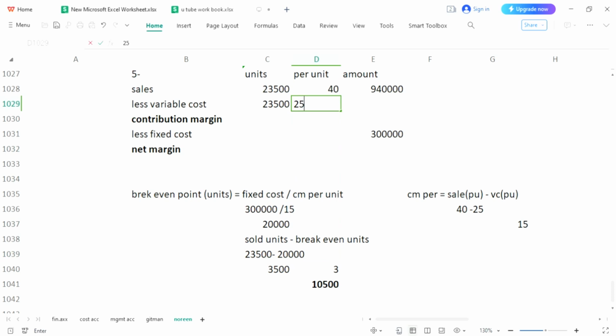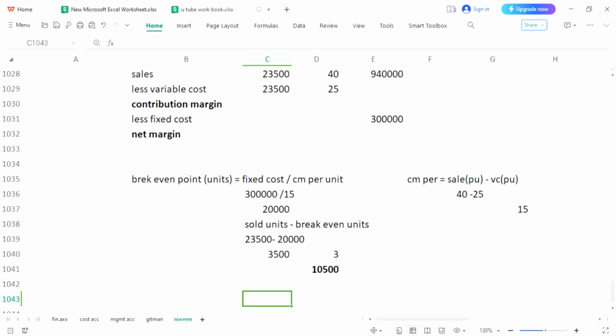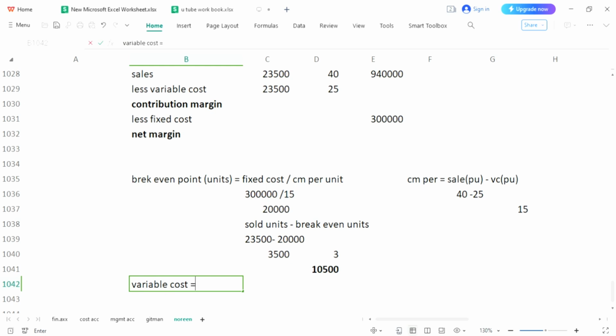25 was the original cost, and here you will have to understand what is happening. Your variable cost was already equal to 25. We have already mentioned it over here. So how do we calculate your variable cost? Our units were 23,500 and your old variable cost was 25.